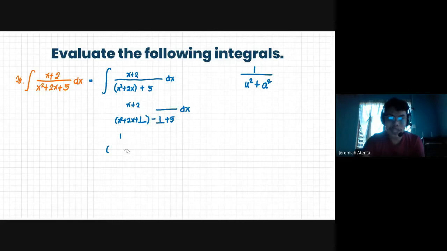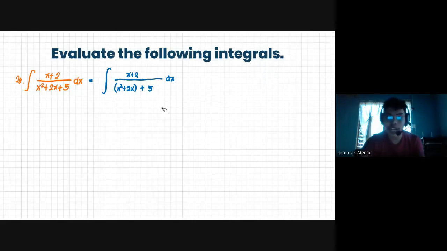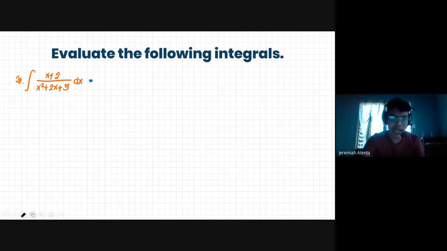Mamaya na tayo mag-completing the square if yung form niya is pwede na for tangent or for the inverse tangent. Now, in this case, hindi pa siya pwede. Okay, ganito yung gagawin natin.